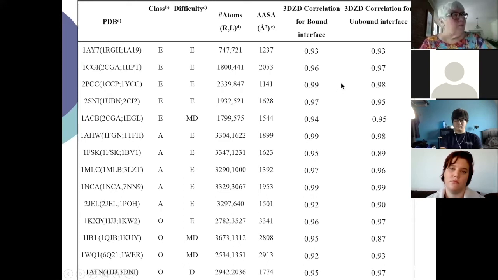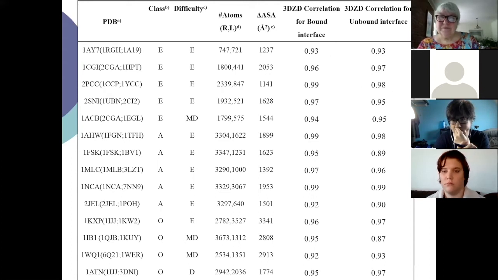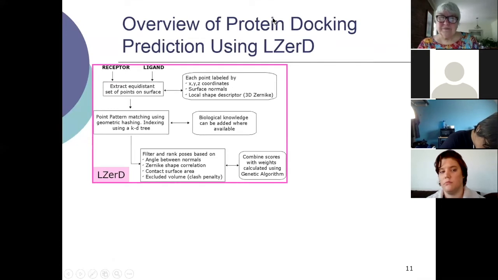Because of that, we segmented the protein surface by sphere. Then once a pose is generated, we computed the 3D Zernike-based complementarity at individual matching points.